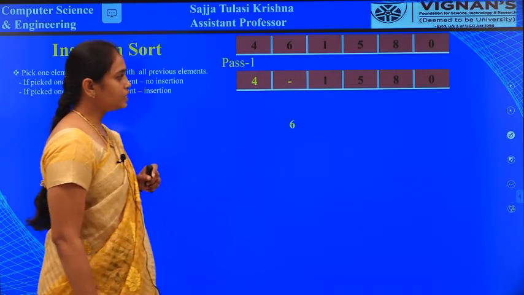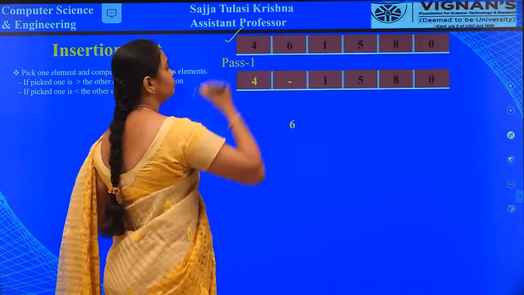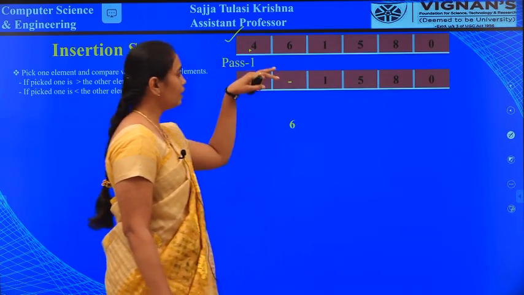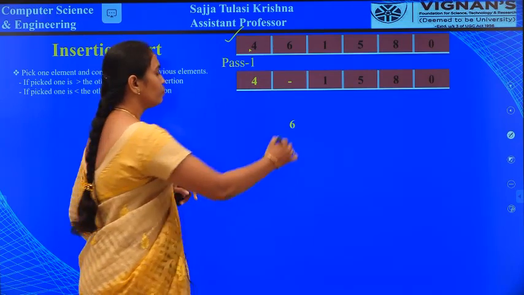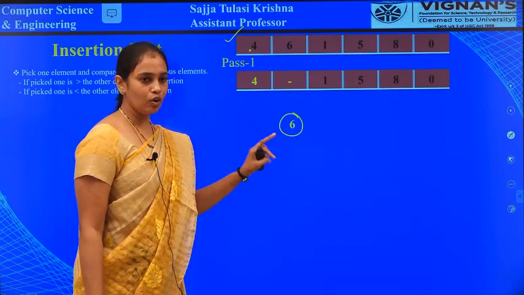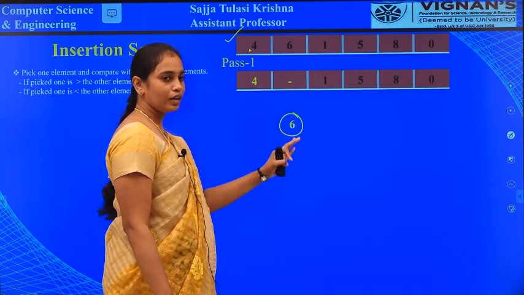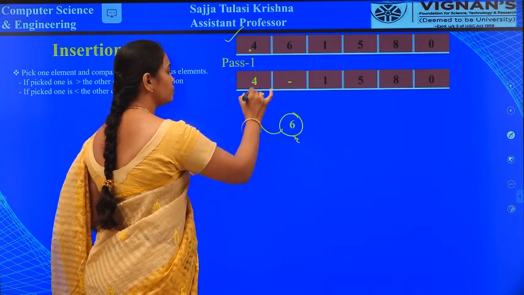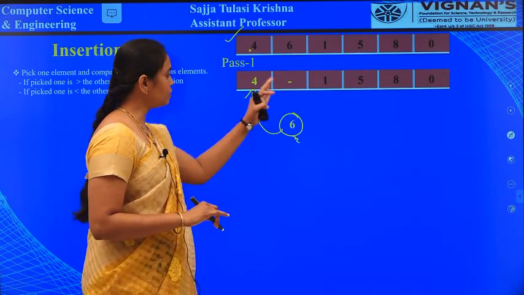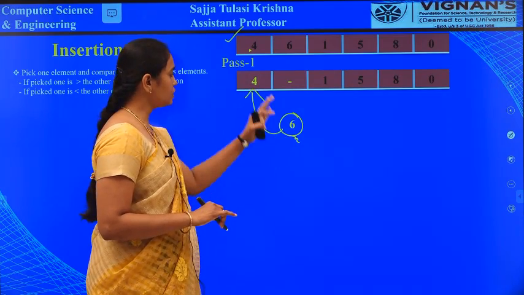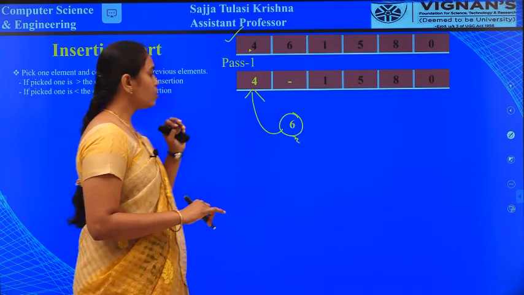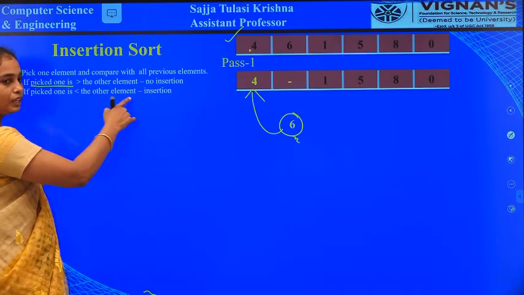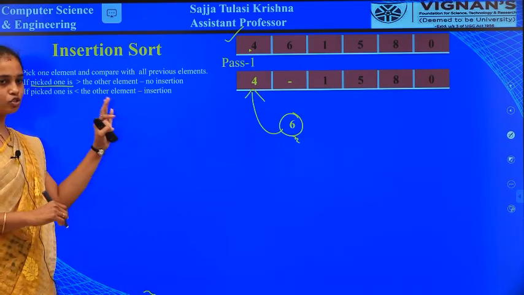Now see the insertion sort. This is the unordered list of the array, a list with no order. We take one value out, the second value, and compare it with the previous values. The previous value is 4. How does it compare? If the picked one is greater than the other elements, there is no insertion.